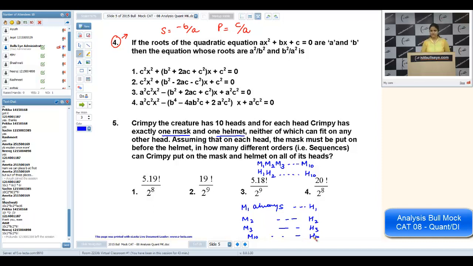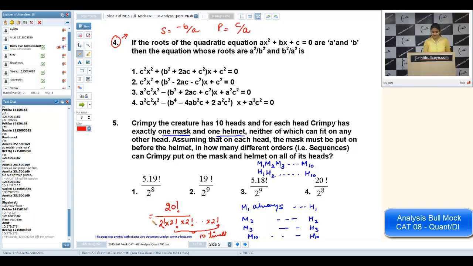Now I can generalize the previous concept. What should be the answer here? See, there are 20 things. They can be arranged in 20 factorial ways. You can apply the same logic. We will get 2 factorial, 2 factorial, 2 factorial. How many times? It will be 10 times.